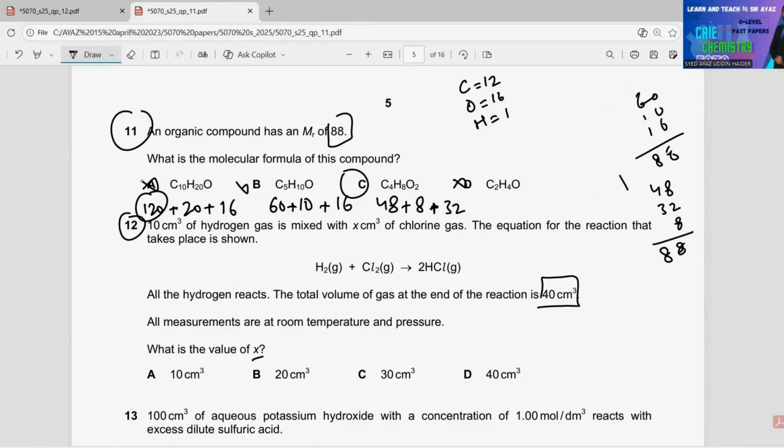They are saying all the hydrogen reacts, which means that hydrogen is the limiting reactant here.